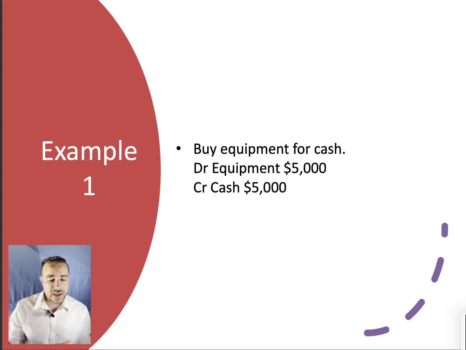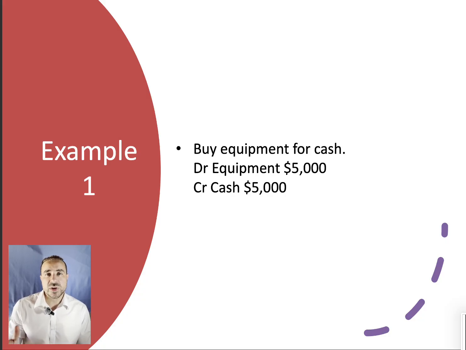Let's take a couple of examples to show you how we can implement what we learned and book any journal entry. For example, we buy equipment for cash. I know that the equipment is an asset, and the cash is also an asset.